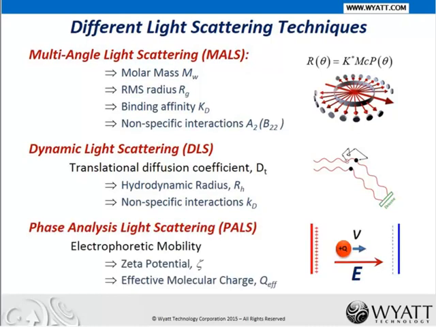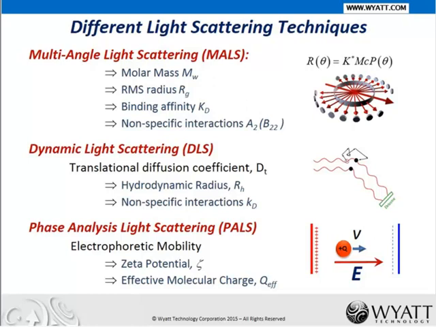The third light scattering technique is called phase analysis light scattering, PALS. It measures the velocity of a charged species in the electrical field. From that, we can measure directly the electrophoretic mobility, and then we can calculate zeta potential or effective molecular charge.